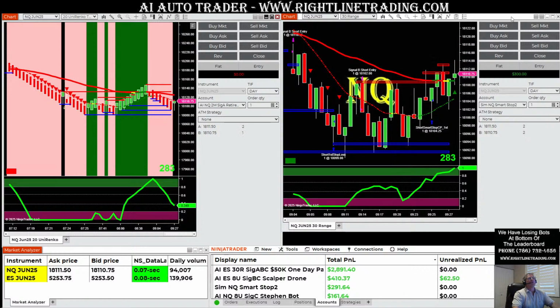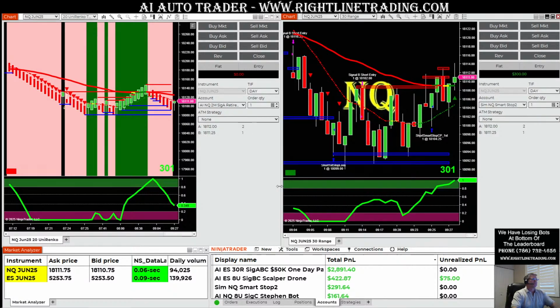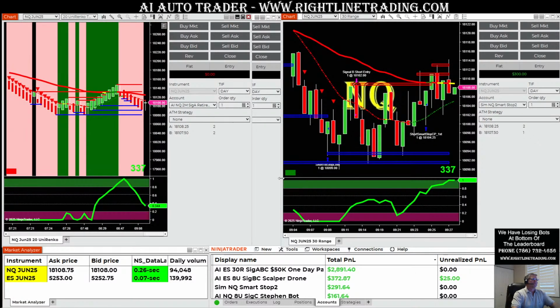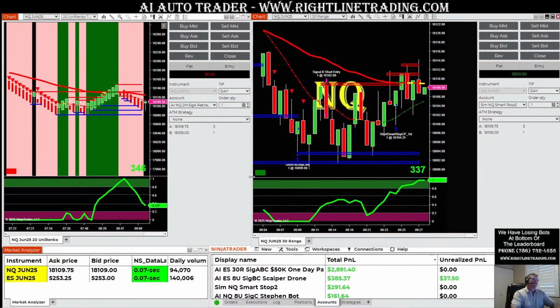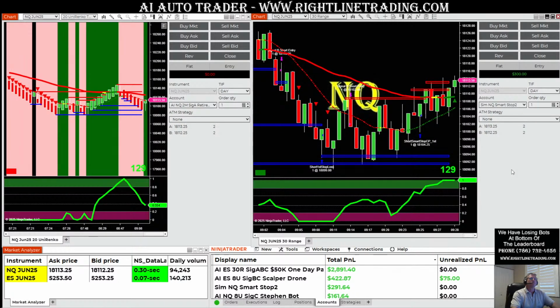And we're going to put the 30 range here, where price is above the 50. And we're going to look for an alignment of trend on our 20 Unirenko and our 30 range.